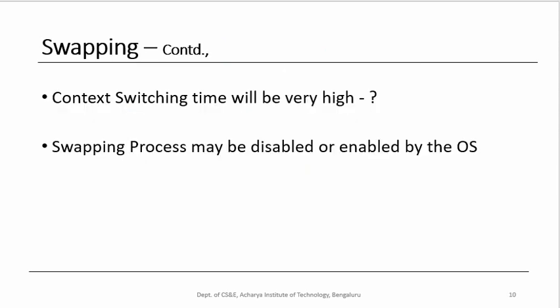Okay, so I've told you the advantage of having a swap space as an extension to space in the main memory, which improves the degree of multiprogramming and hence the throughput. I also told you that even if the process is not residing in the main memory, the process could be picked up for execution.